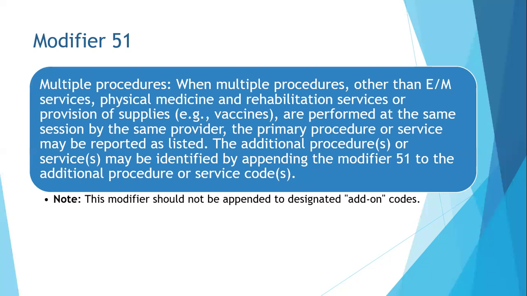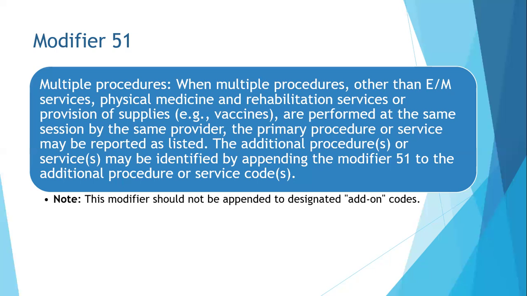Because remember, the way that works is that claim line 1 gets paid at 100%, and then every claim line after the first claim line gets paid at a reduced rate. So some insurance companies don't even want the 51 anymore because they're automatically paying at a reduced rate for every claim line after the first one.